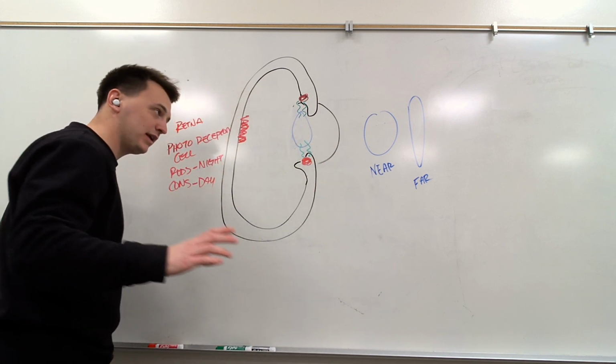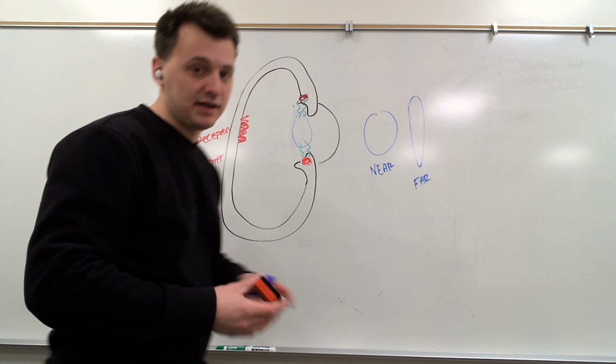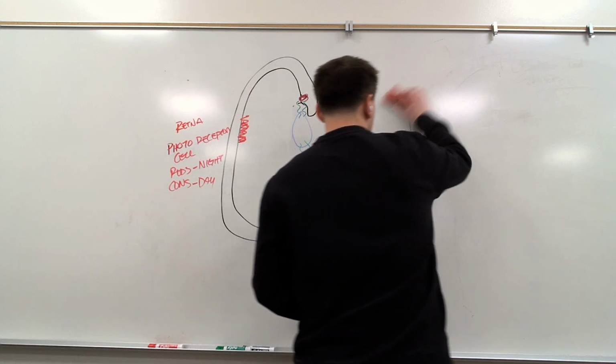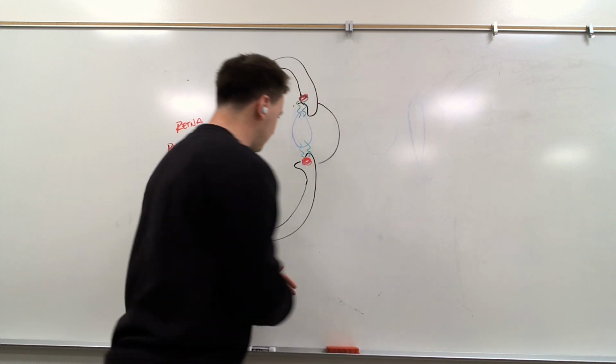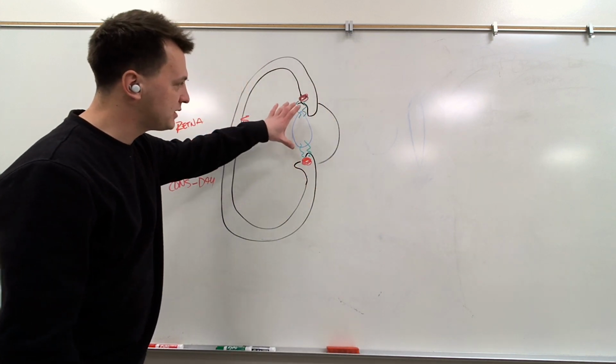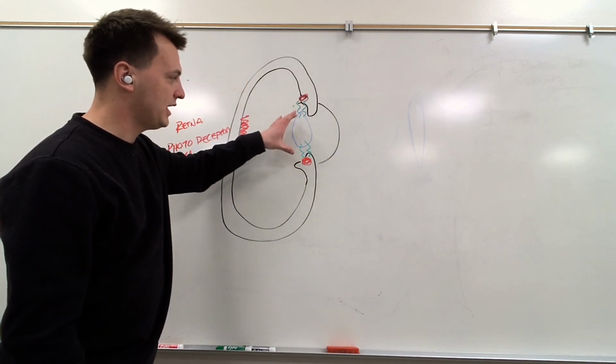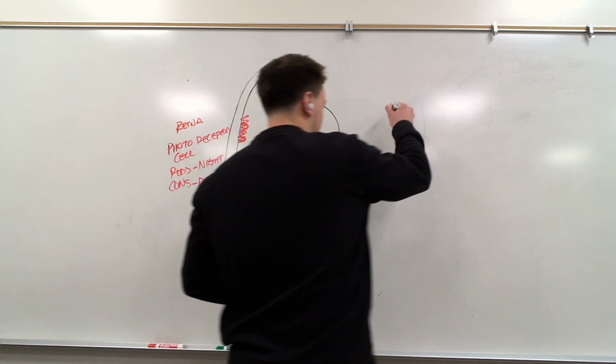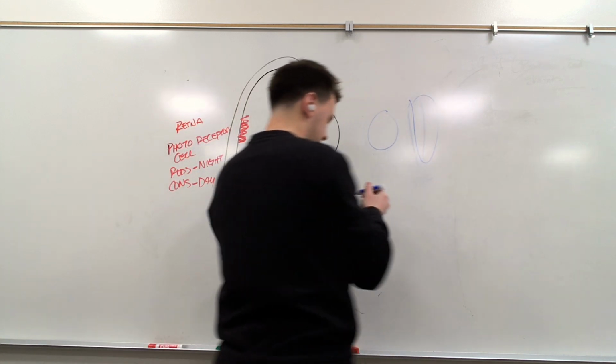And this part people get a little bit confused about. I've met several different people and students that get very confused about this. So obviously, because the suspensory ligaments are connected to it, the suspensory ligaments have a role in it. So I don't know why I erased that, but here's this.